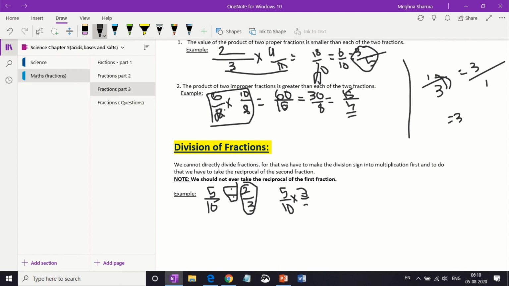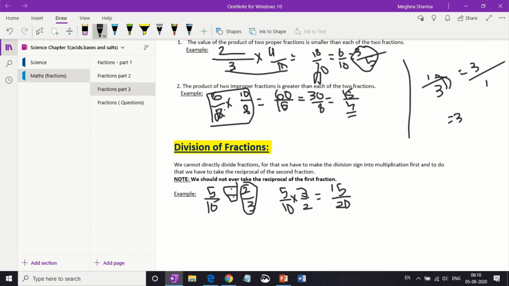Now you can directly do multiplication of fractions, that is directly multiply the numerators and denominators. 15 by 20. See, never forget to simplify the fraction if you can.